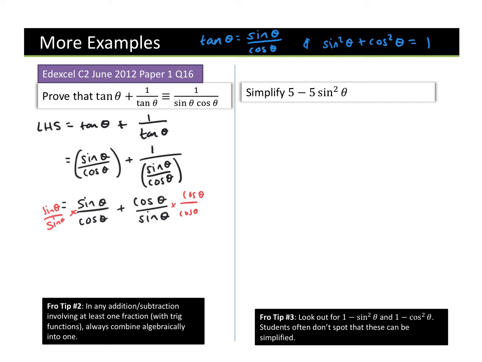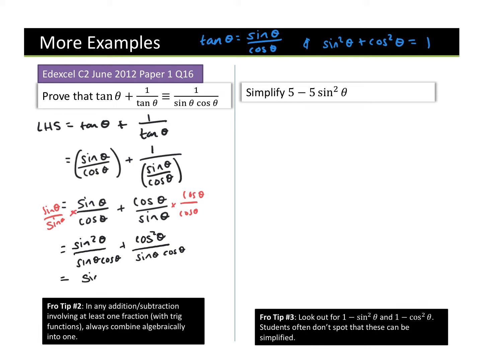So, I'm going to have sine theta times sine theta is sine squared theta. Sine theta times cos theta is sine theta cos theta. Plus, cos theta times cos theta is cos squared theta over sine theta cos theta. Do they now have the same denominator? Absolutely.